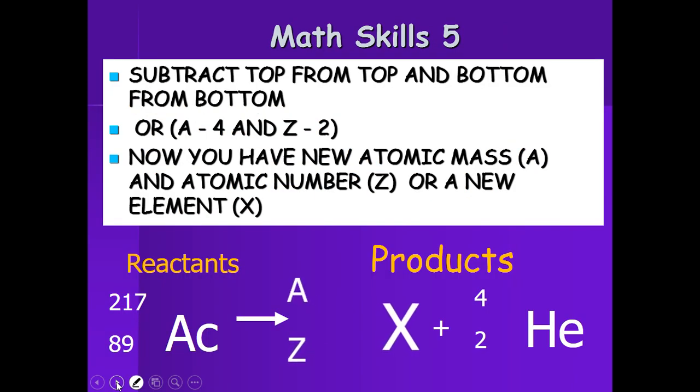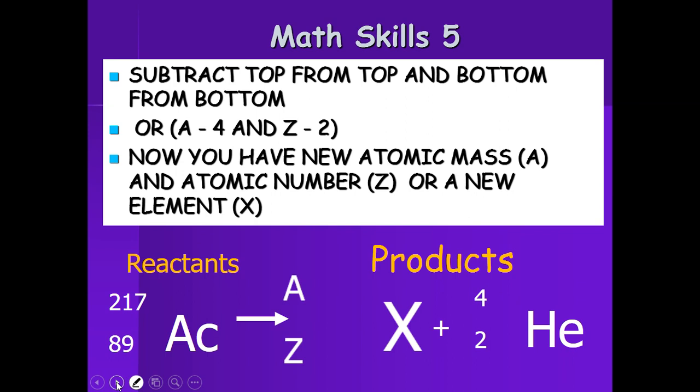So if you're looking at this problem, one side of that arrow is called the reactant. The other side of that arrow is called the product. Remember, X, A, and Z are simply the unknowns. What I know is I'm starting with this Ac element, which has an atomic mass of 217 and an atomic number of 89. I'm going to kick out this 4 to this helium particle, which is an alpha particle.